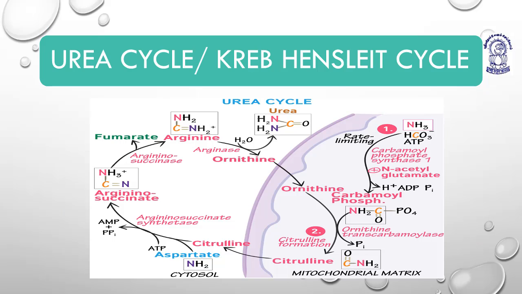Urea cycle or Krebs-Henseleit cycle is basically for the removal of both CO2 and amino group. Urea is formed by the hydrolysis of arginine.